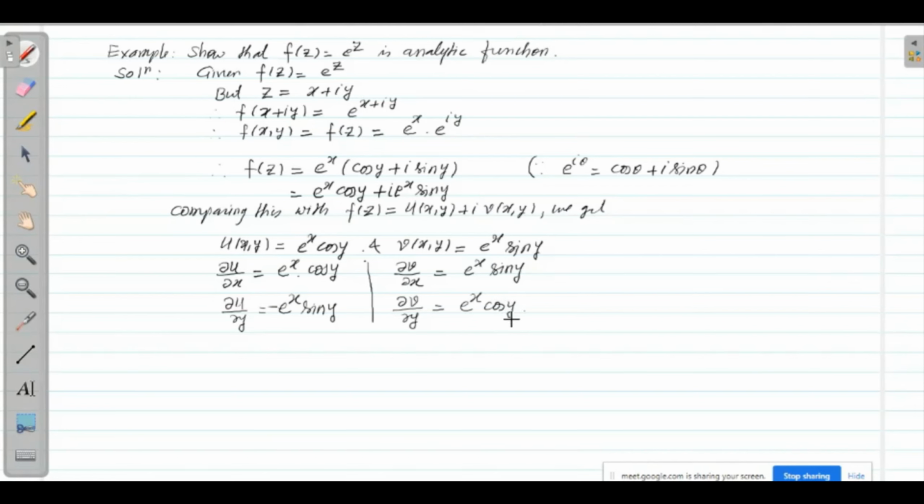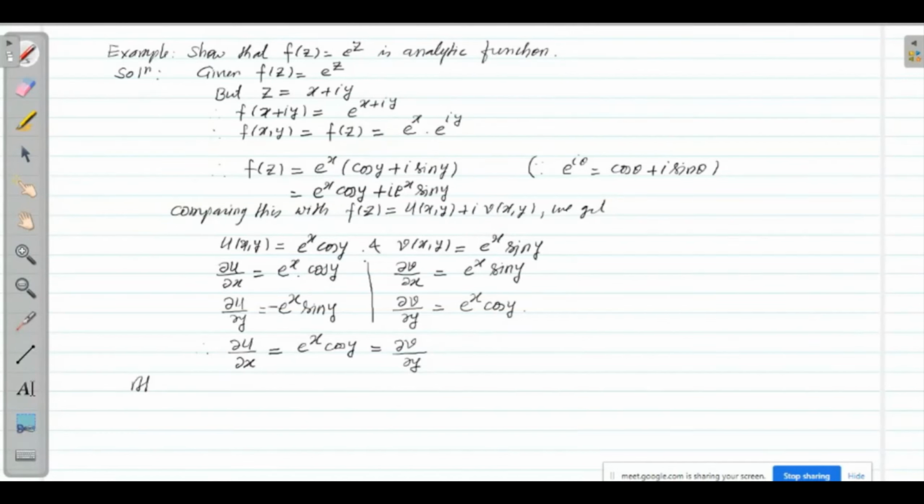Now, what is the CR equation? Therefore, dou u by dou x is equal to e raised to x cos y, but e raised to x cos y is dou v by dou y.